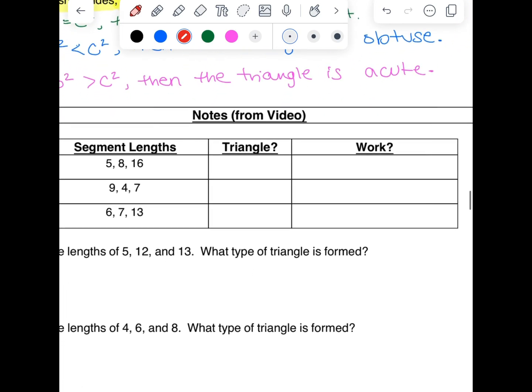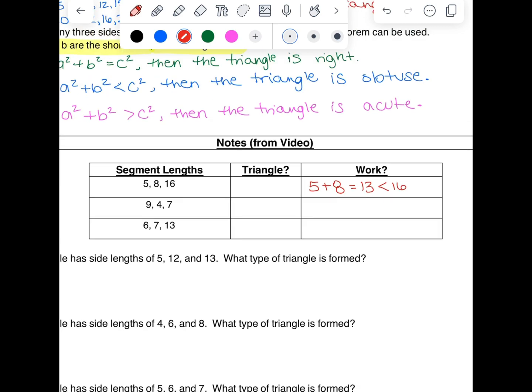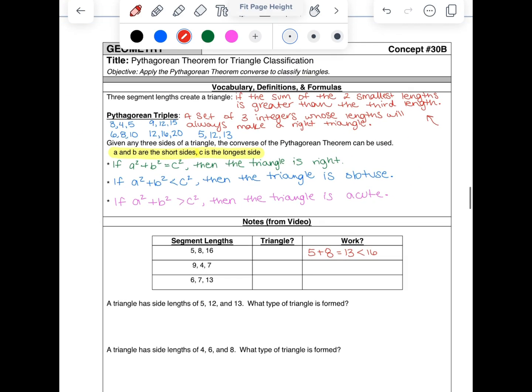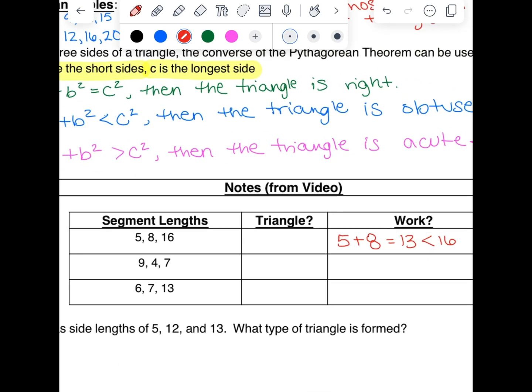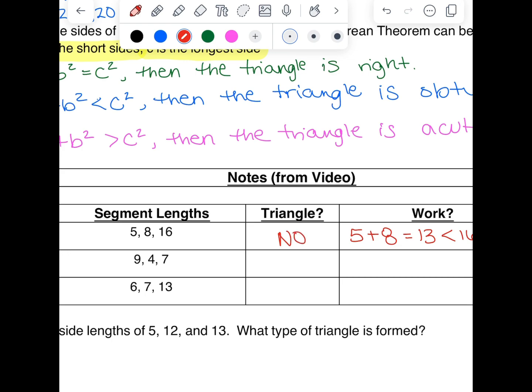Our two smallest lengths are 5 plus 8, which gives us 13. And 13 is less than 16. So no, these segment lengths do not form a triangle.